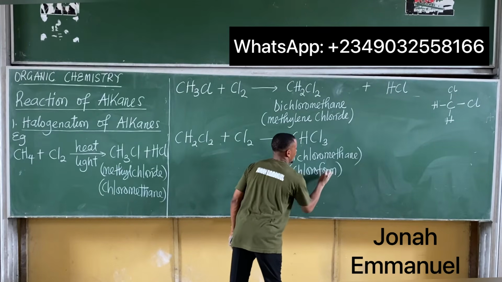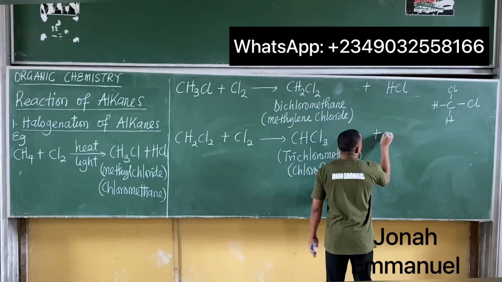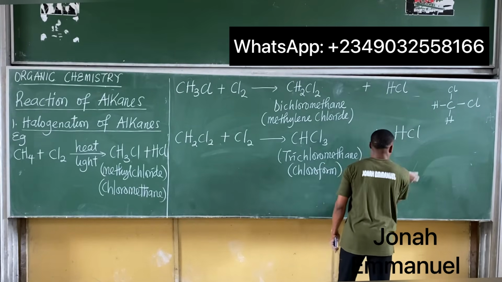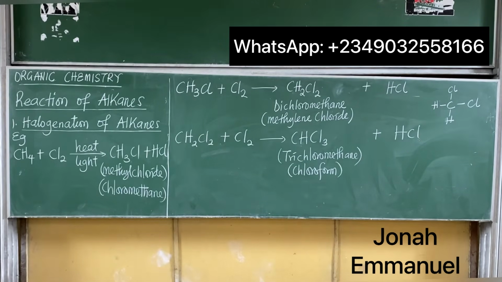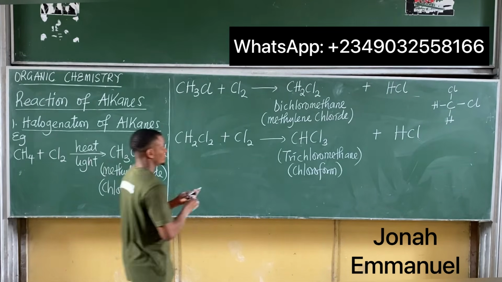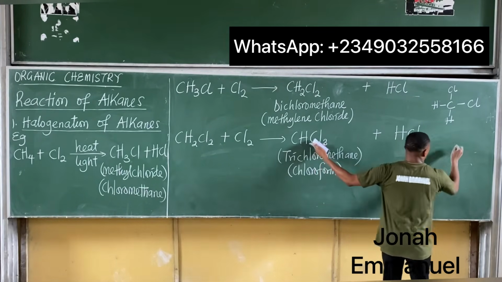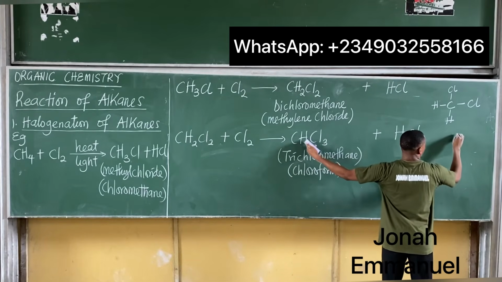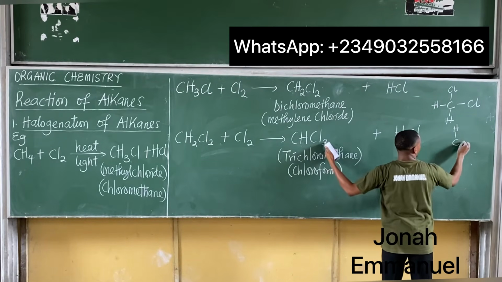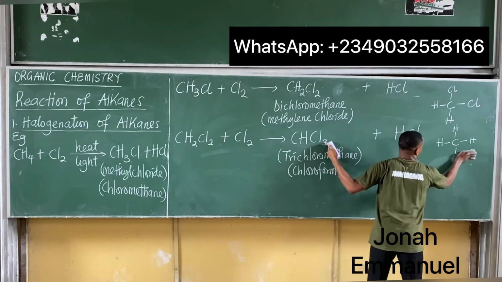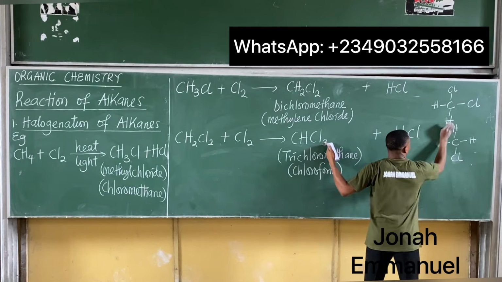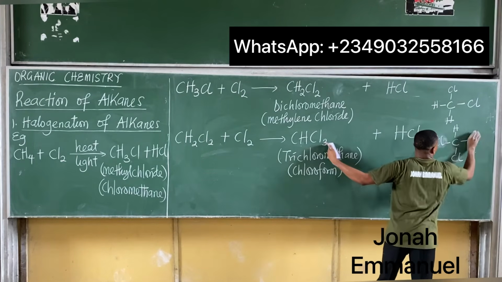Chloroform will now combine with HCl. This one becomes C, H, just 1 H, and then 3 chlorine: Cl1, Cl2, Cl3.